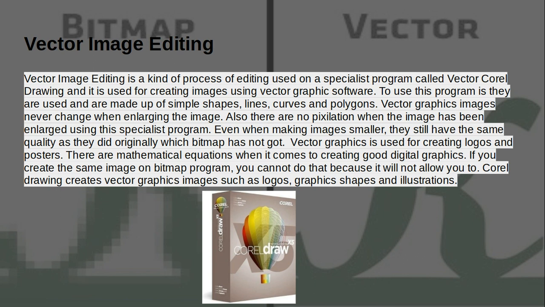Vector graphics images never change when enlarging an image, so almost no pixelation is seen when the image is enlarged using this specialist program. Even when making images smaller, they still have the same quality as they originally had. They maintain it, which bitmap doesn't.